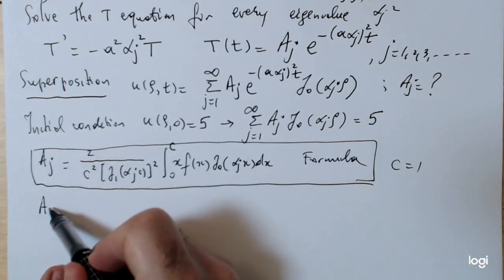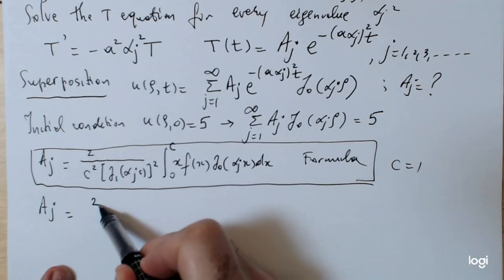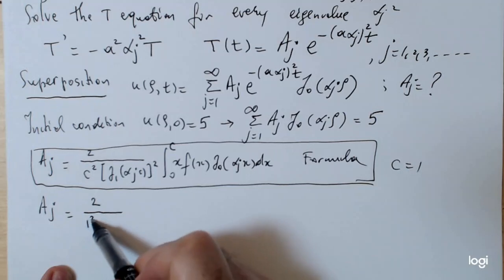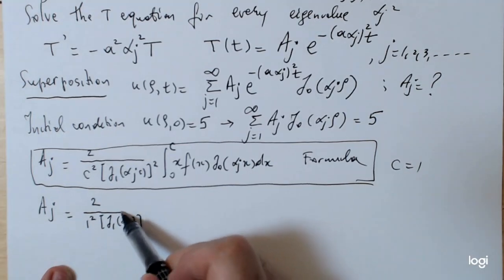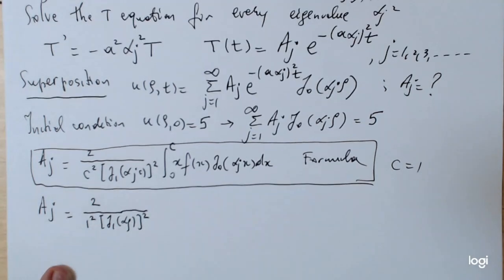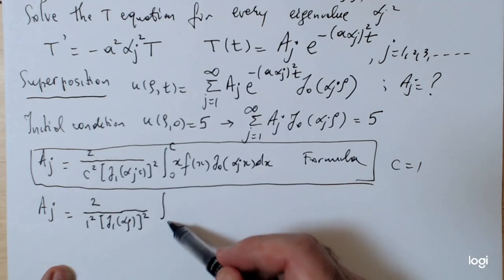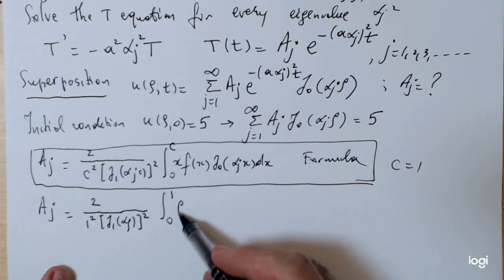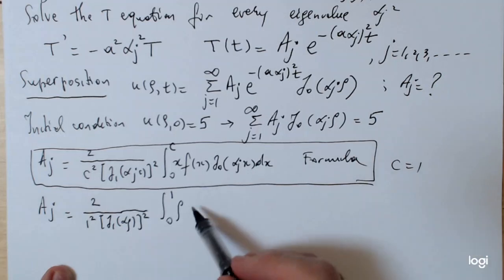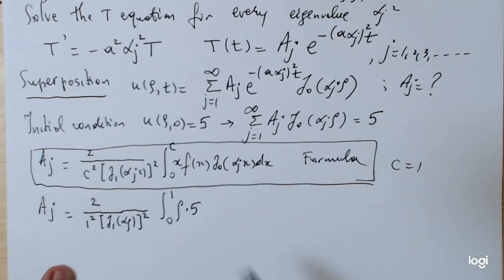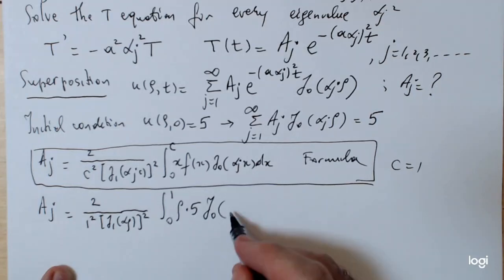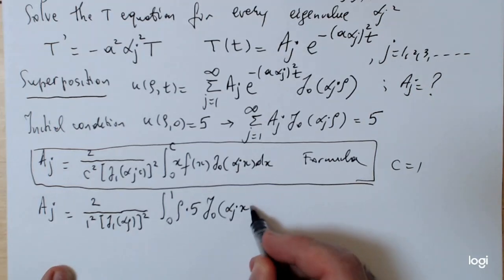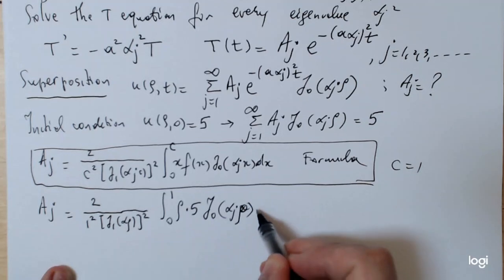So in our case, aj will be 2 over 1 squared J1 of alpha j squared, because c is equal to 1. And the integral is from 0 to 1 of rho, f of rho, which is just the constant function 5. We can pull that out of the integral in this case. J naught of alpha j rho d rho.